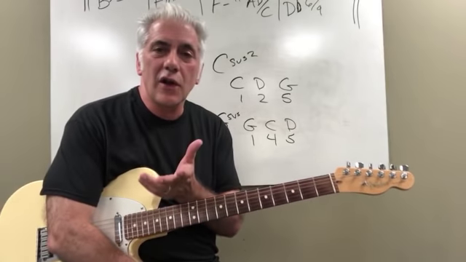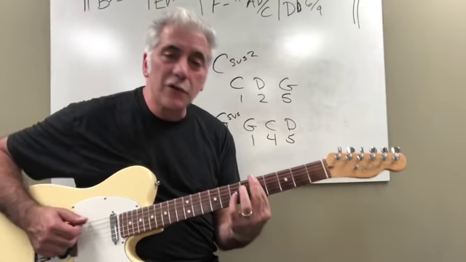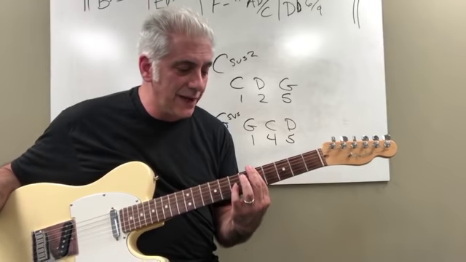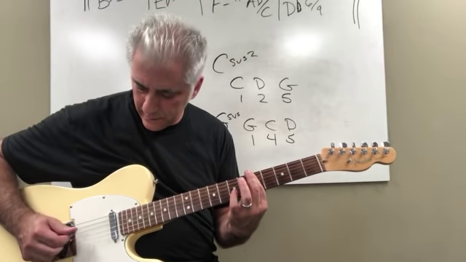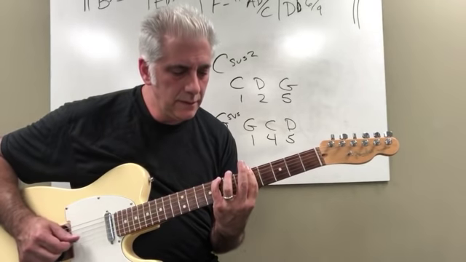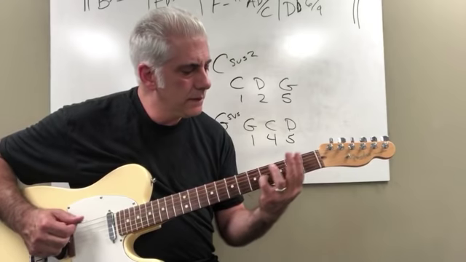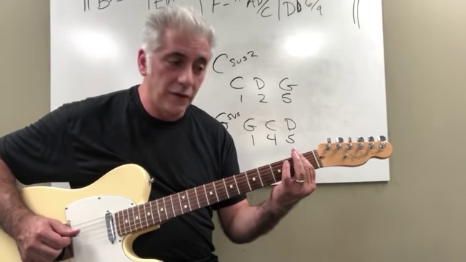Whereas if you hear a song like Black Hole Sun, that starts with a sus4 chord. Right there. That's a G sus4. Then you have E flat sus4 there.